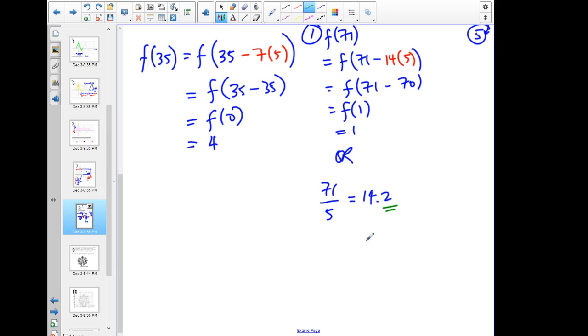So now I take 0.2 times the period, and it turns out that 0.2 times the period is equal to 1, which means that f of 71 must be equal to f of 1. You could do it either way. I think the first way I showed you is the simpler way, that's why I'm emphasizing it. But if it occurs to you, if you can see that, then there's an option here as well.